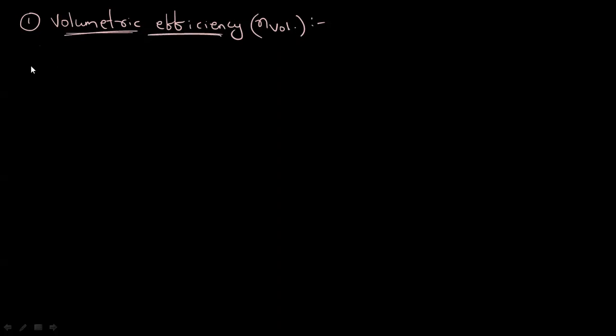So how to calculate the volumetric efficiency? We have two formulas. Either the volume entered into the cylinder divided by swept volume, or we have the formula 1 plus C minus C whole into P2 by P1 whole to the power 1 by N.